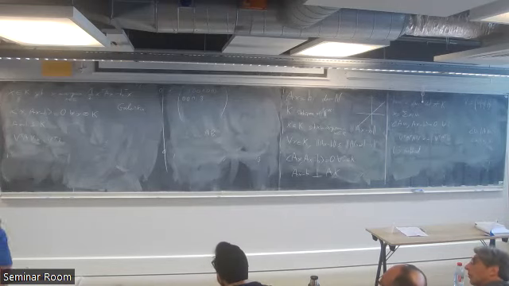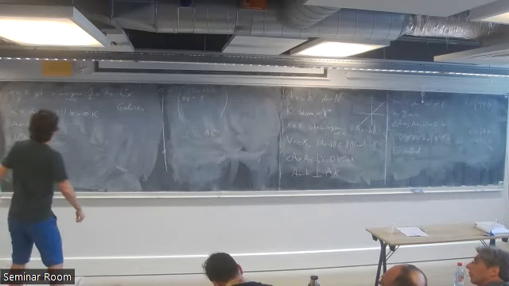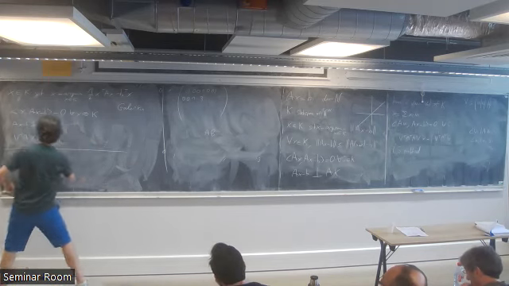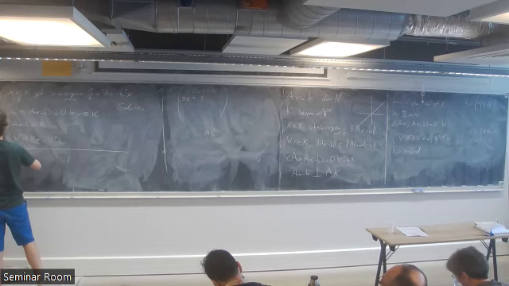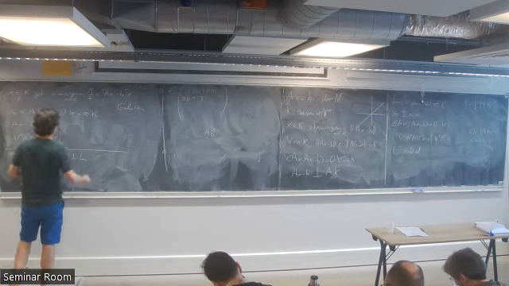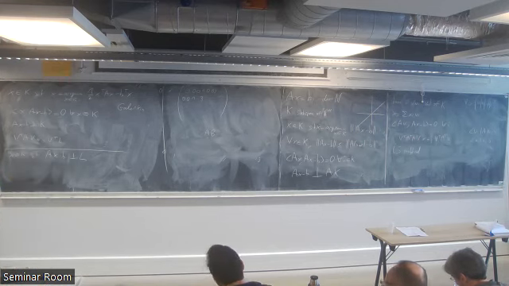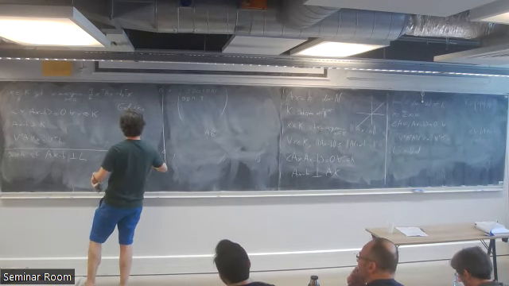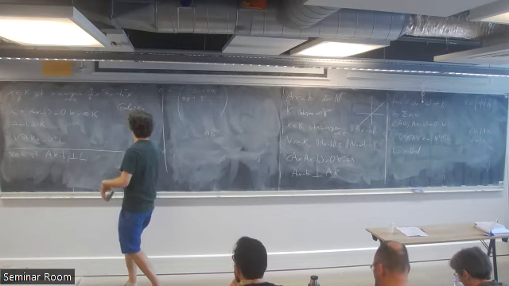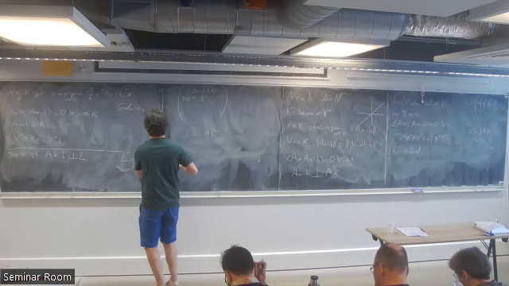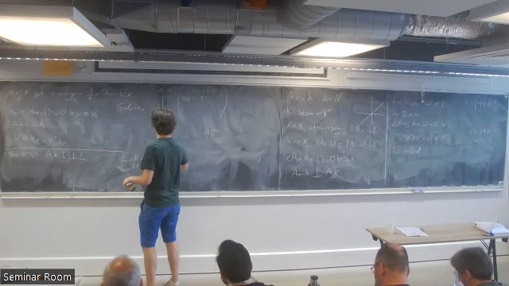So these are two instances of a more general method, which is the projection method: x in K such that Ax minus b is orthogonal to L. If L is equal to K, this is Galerkin.